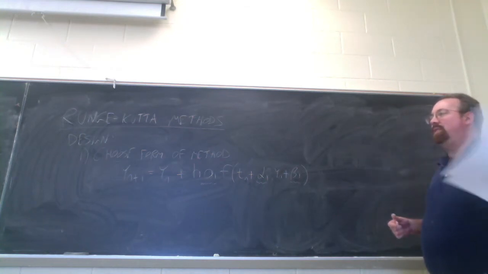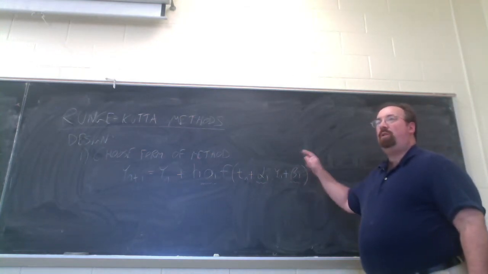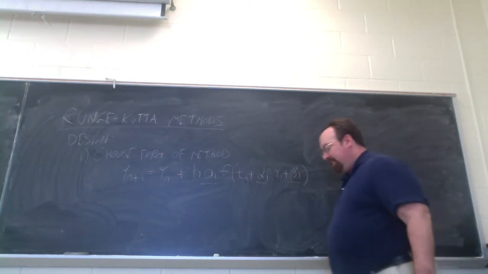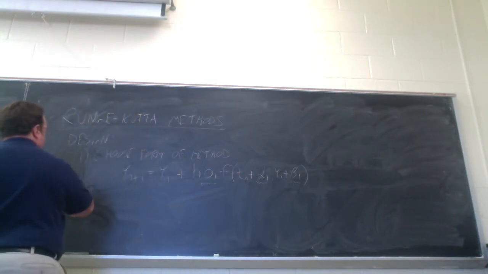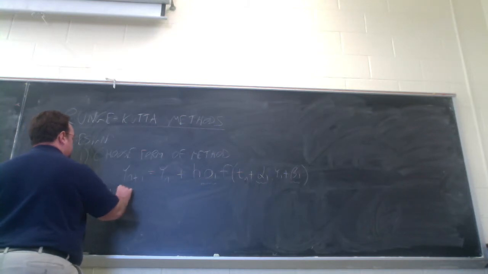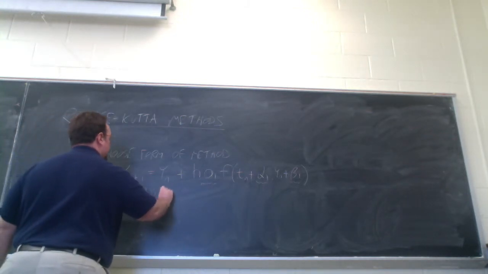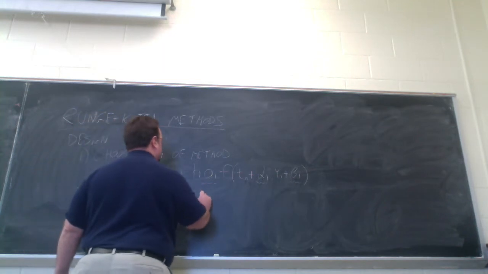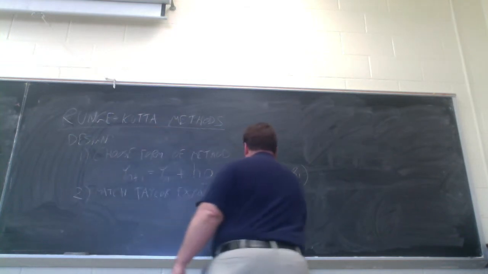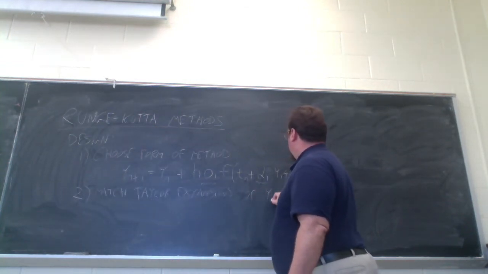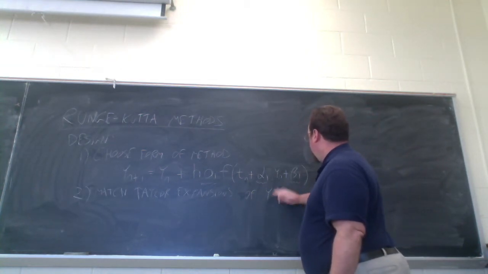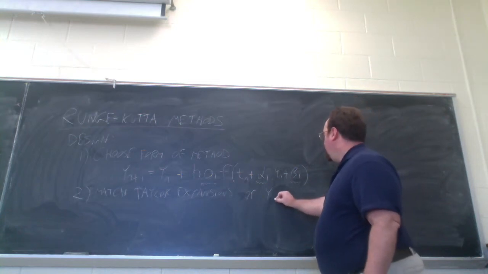Now later we'll see other Runge-Kutta methods that include more than one evaluation of f in order to get higher order accuracy still. So then what we do is we match Taylor expansions of y and f.